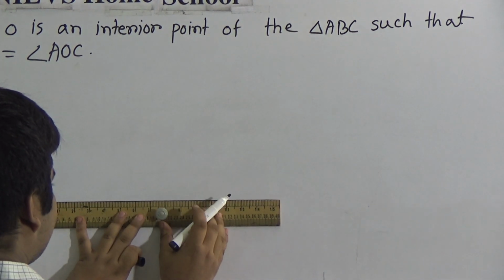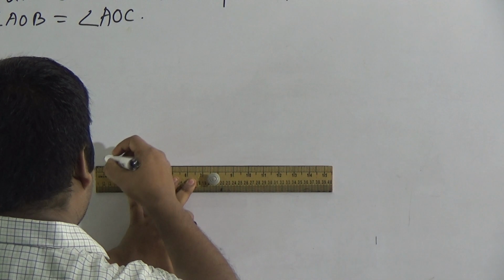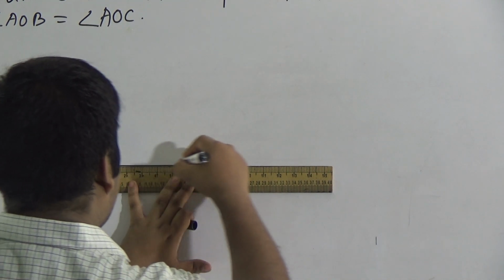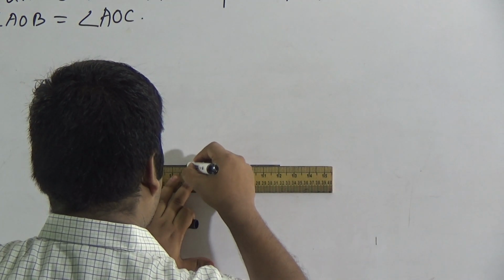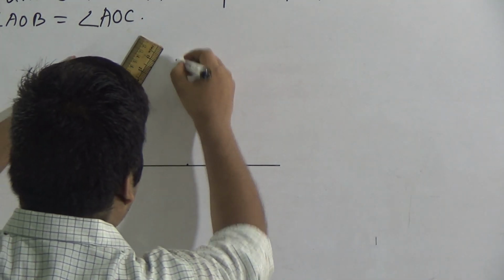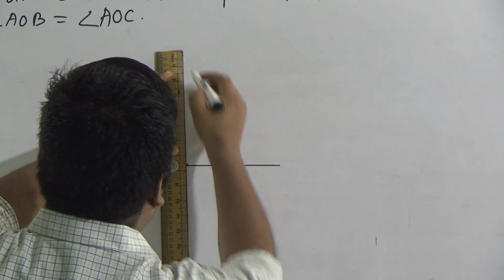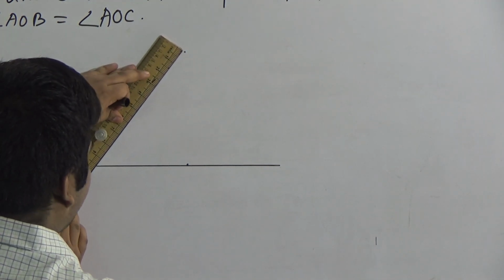My dear students, at first we take a straight line with a fixed measurement. Then we take a point. After that we add.